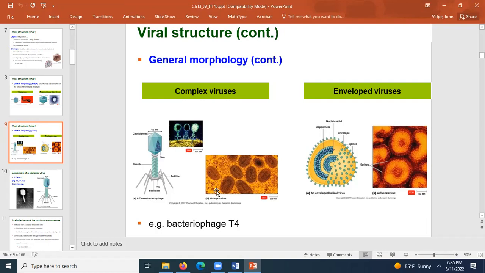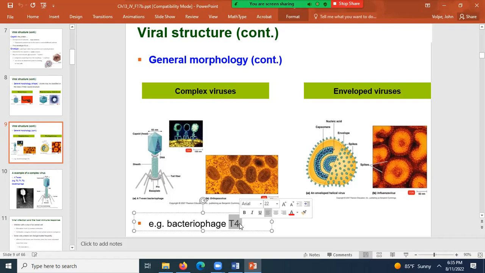We'll talk a little bit more about bacteriophage T4 because it is the virus that has been studied the most. So we know more about this virus, bacteriophage T4, than we do about any other virus. And the main reason why T4 was studied so much is simply because it grows in E. coli.